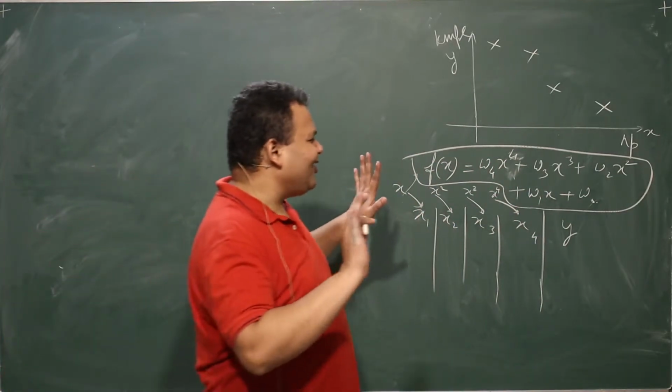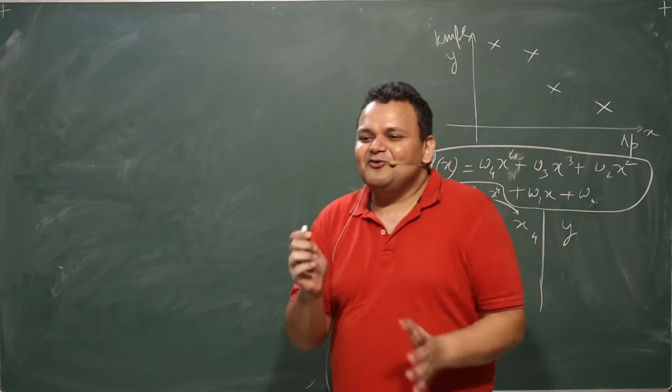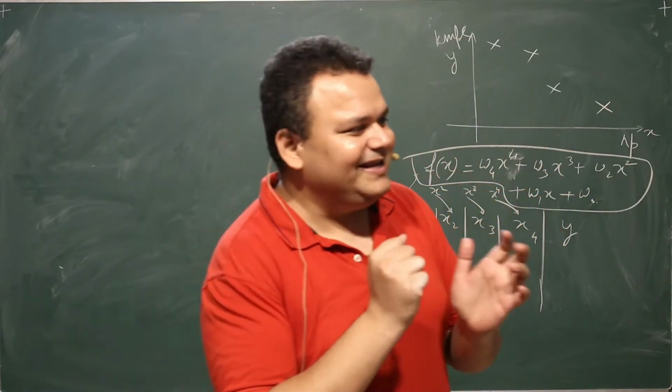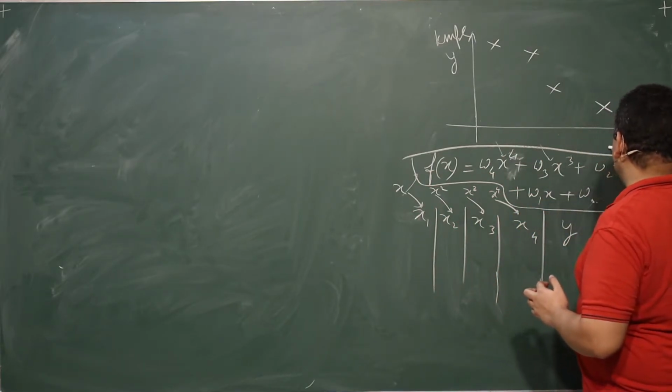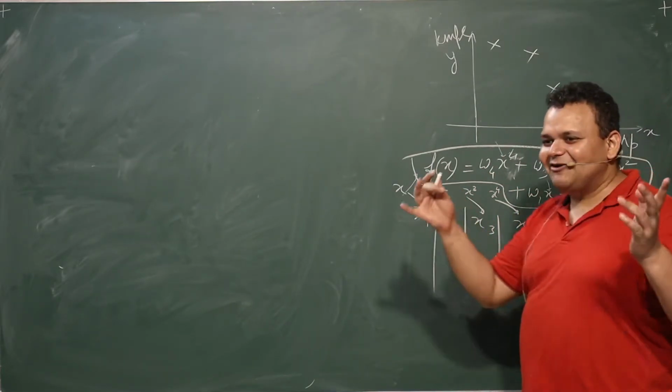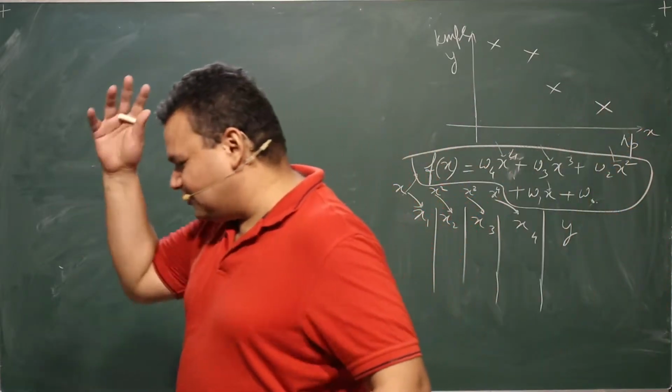So the only requirement for applying linear regression has nothing to do with the linearity of your features. The features may be linear or non-linear. You can convert all of them to linear. That is not a problem.